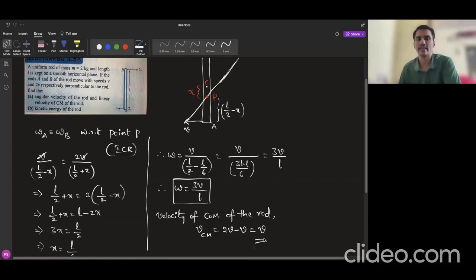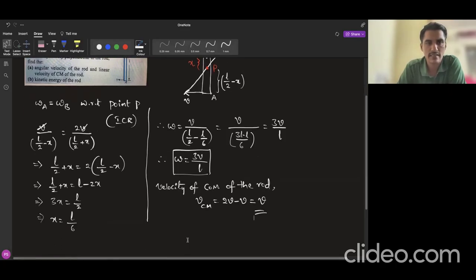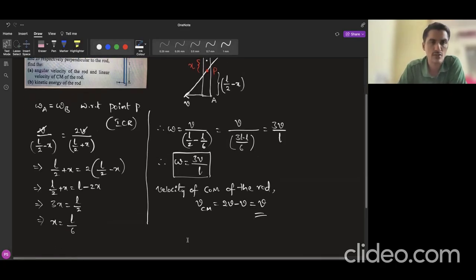Now how to calculate the kinetic energy of the rod? Based on instantaneous axis of rotation we can also do it, but kinetic energy of the rod means there are two types of motions here: linear translational kinetic energy, half m Vc square, plus rotational kinetic energy, half I omega square. Both are added, and you will get the answer.